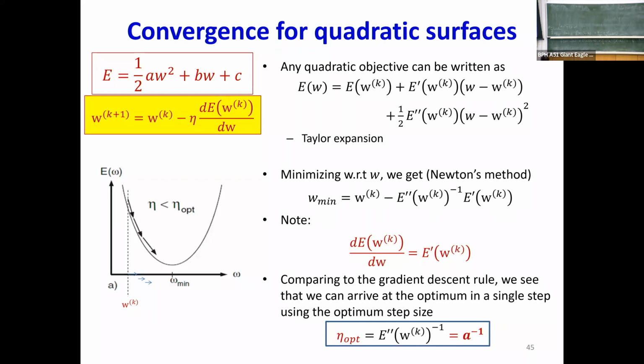So now if I write this in this manner and I minimize this with respect to x, what is the solution I'm going to get if I minimize the second term with respect to x? I take the derivative and equate it to 0, right?